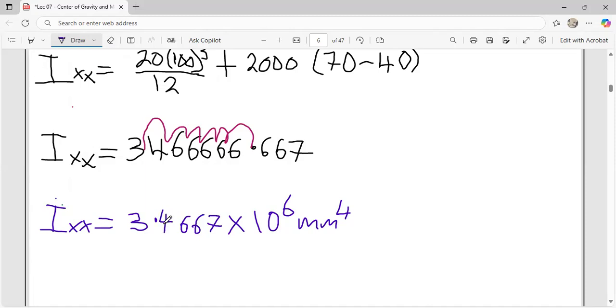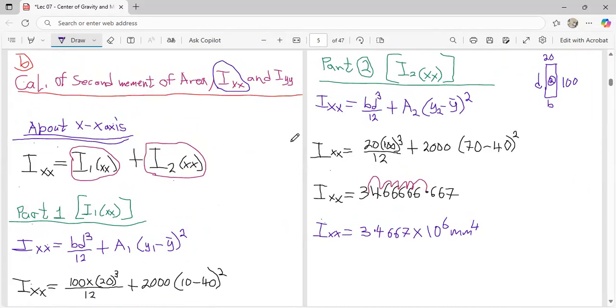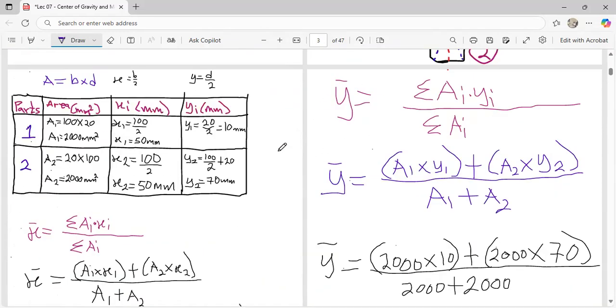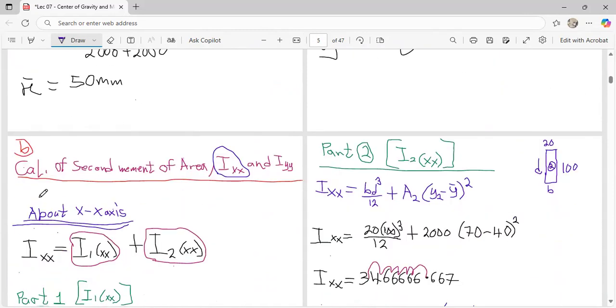Good. So from here, what is the next thing we do? We also have to go and do the same thing that we did. Let's quickly have a look at this. So we realize that this is our B. We have to calculate for the second moment of area at x and at y.